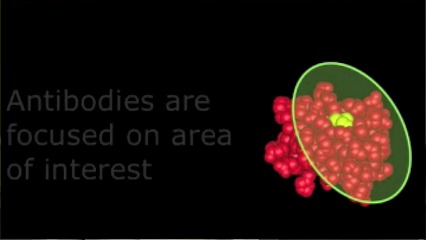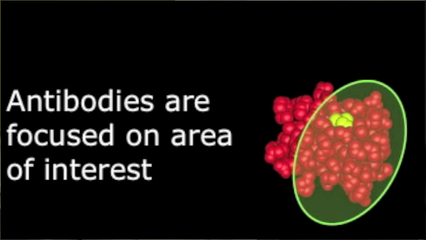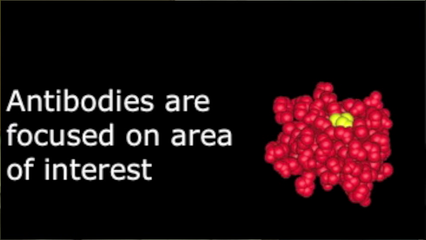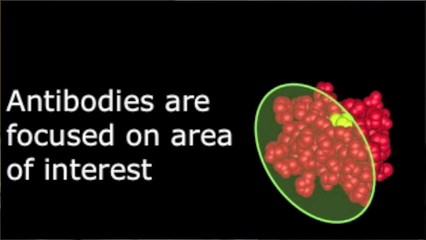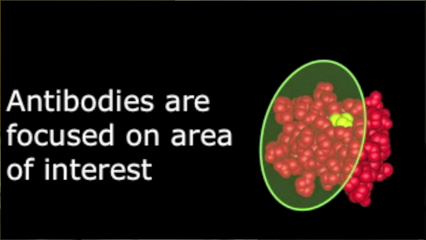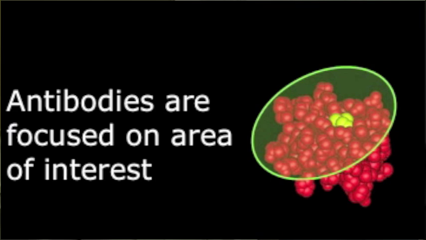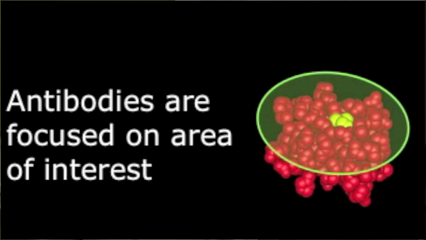In addition, you get the benefits of being able to target where you want the antibody to bind. So you could target intracellular regions of a protein or extracellular regions of a protein. And you can also, by using this technique, target the antibody binding to areas where there are even just single amino acid changes.